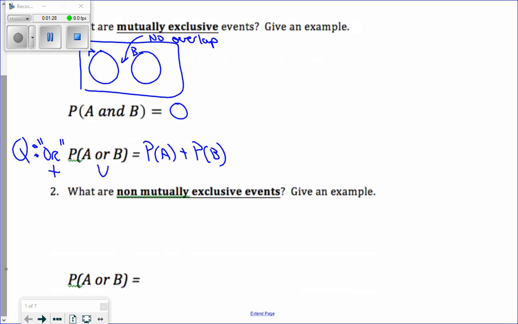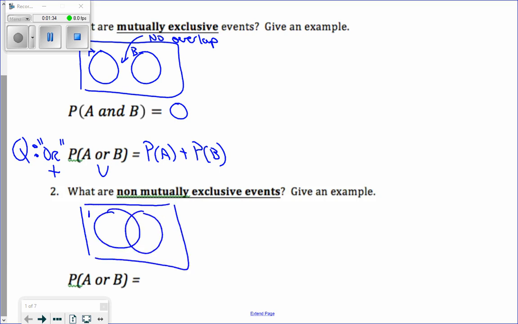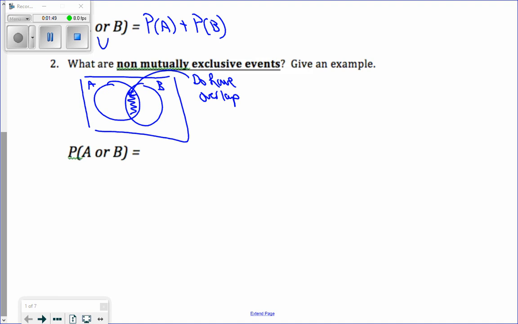So not mutually exclusive. These are events that do have overlap. So you've got event A, event B, and they do have overlap. Now, the way we do this, just like with Venns, you always start in the middle and work your way out.